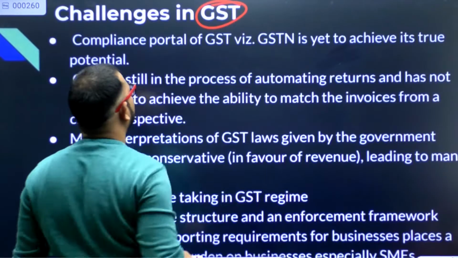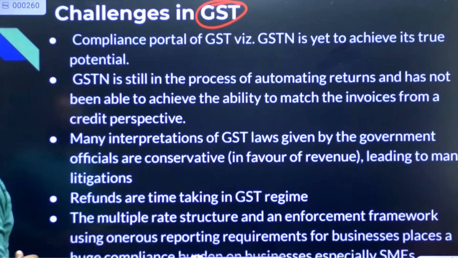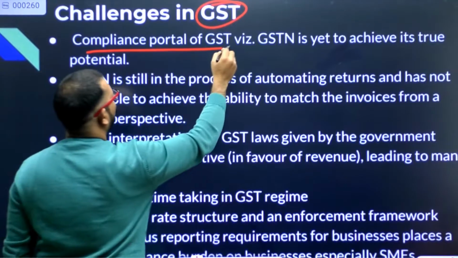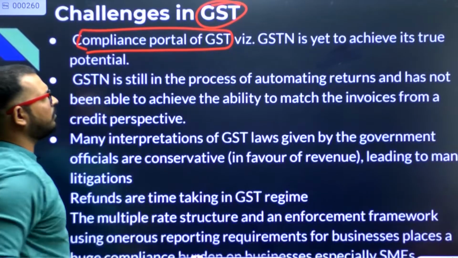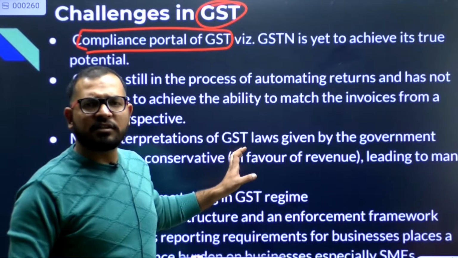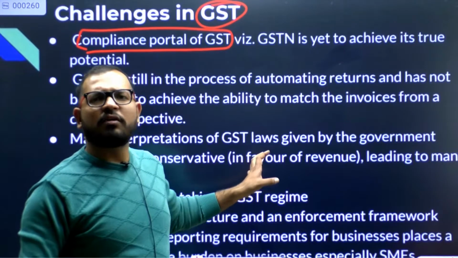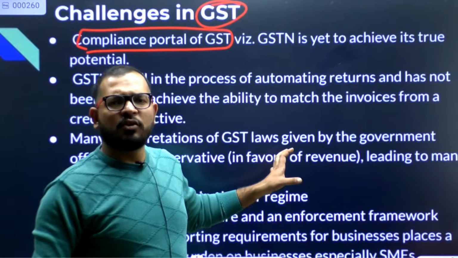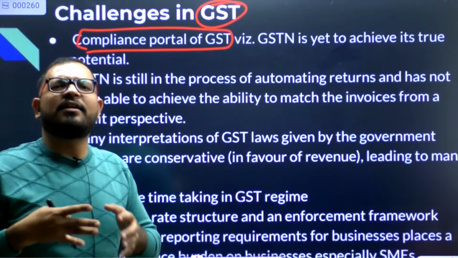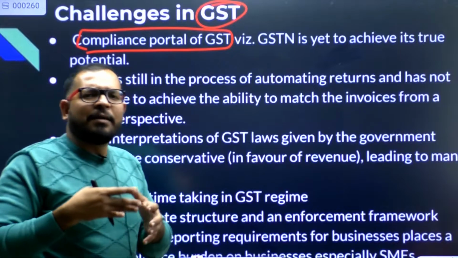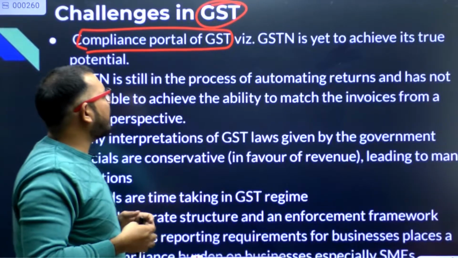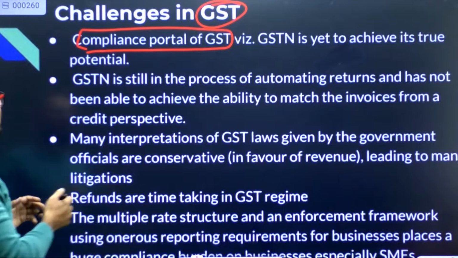What are the challenges in the GST? First of all, the compliance portal of the GST is an issue. There are technical glitches which are still not fixed. So it is creating a hurdle for the traders, and because of that the compliance issue becomes more prominent.